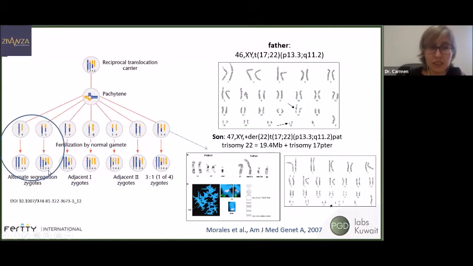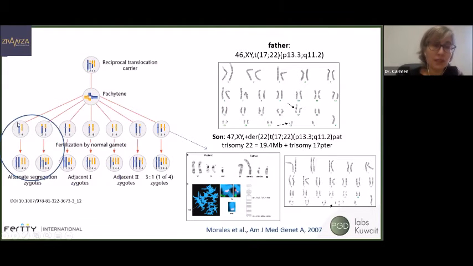Some of them can be carriers of the translocation as the affected parent, but they will be normal with no syndrome or disease, okay?